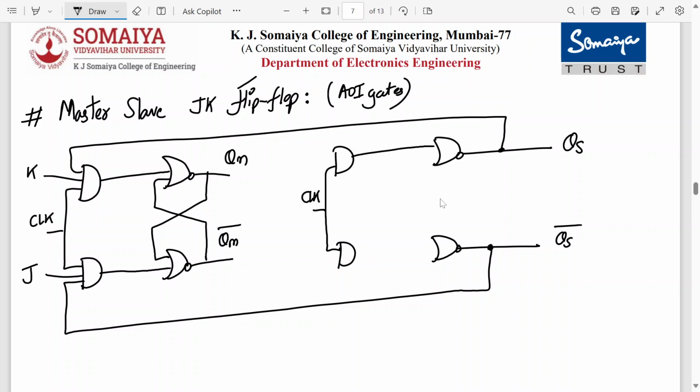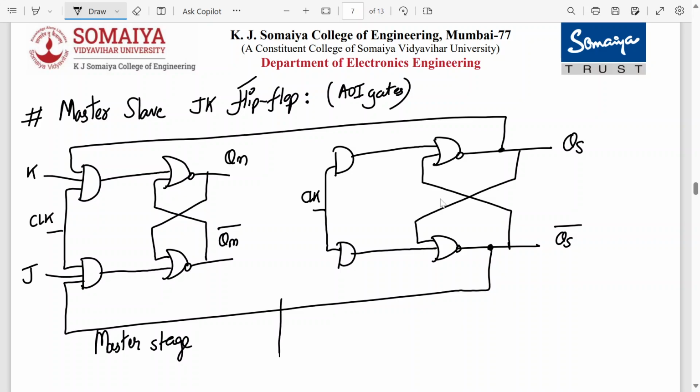This also you draw it like this, same. How will you connect the first stage? This is master stage, and this is slave stage.